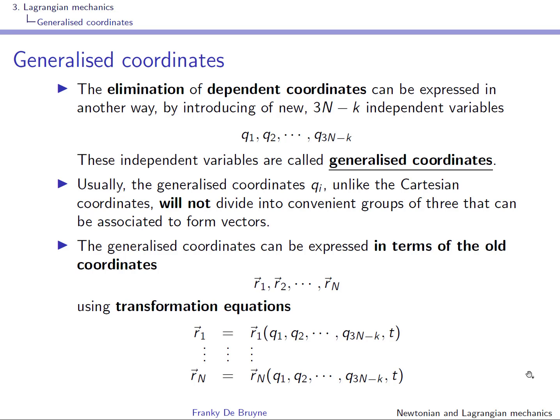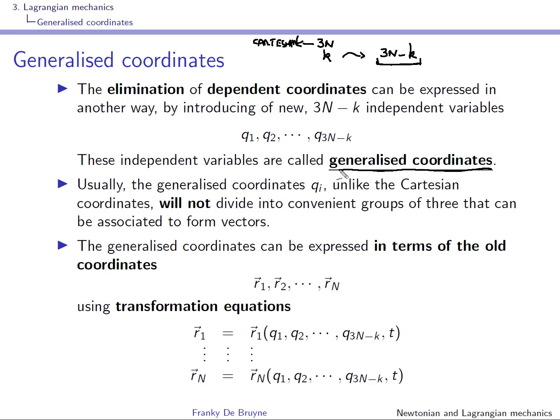So remember that in the beginning you have 3n equations. Since you have k constraints, you do eliminations until you have 3n minus k equations that are left. Well, instead of using 3n Cartesian variables, the idea is to use what is called generalized coordinates.